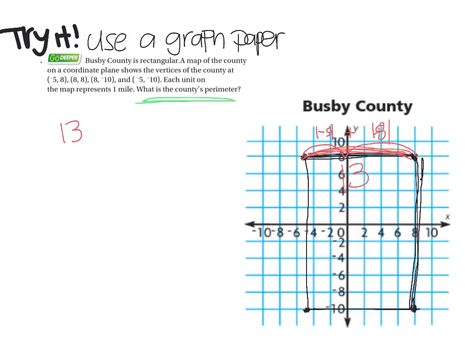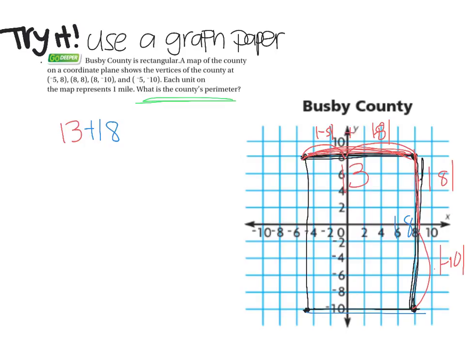Then I'm going to do this second side. The distance from 8 to 0 is the absolute value of 8. And then going down, we go from -10 back to 0, which would be the absolute value of -10. So it looks like that would be 18 units. So right now I have 13 plus 18.